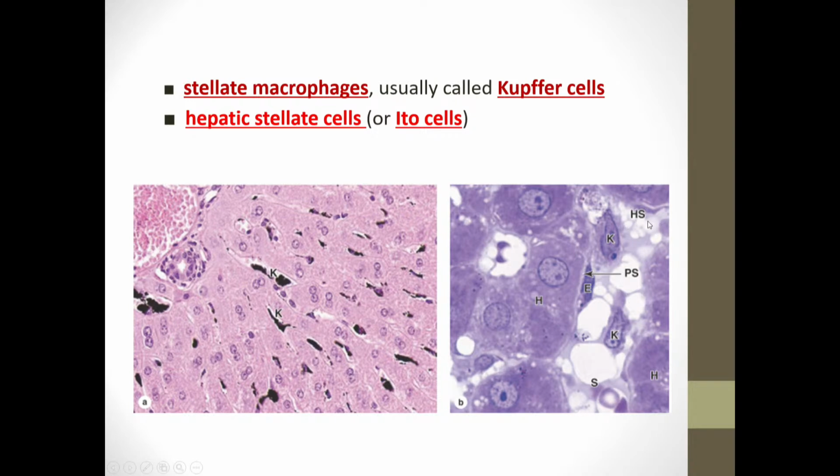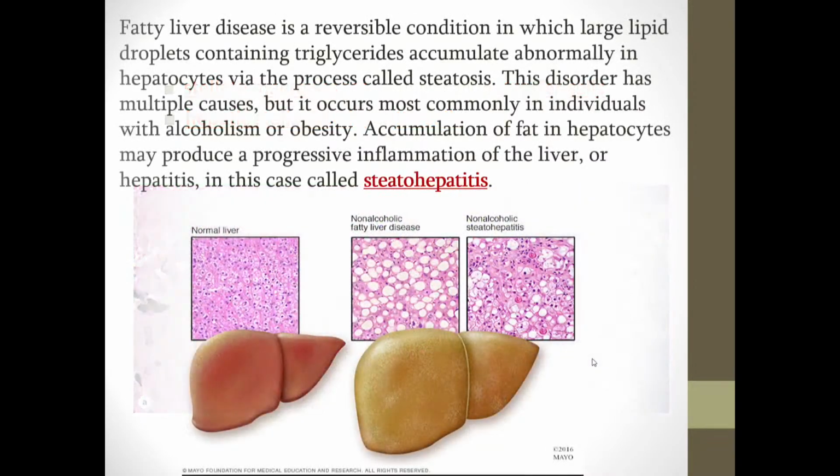Yes, this is the Ito cell. I showed all these types of cells: the hepatocyte, a large cell, then the Kupffer cell, and the Ito cell here. The endothelial cell, the perisinusoidal space, and the sinusoids are here. Now we know the functions of all these types of cells.